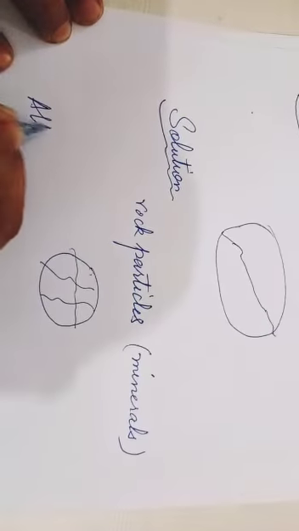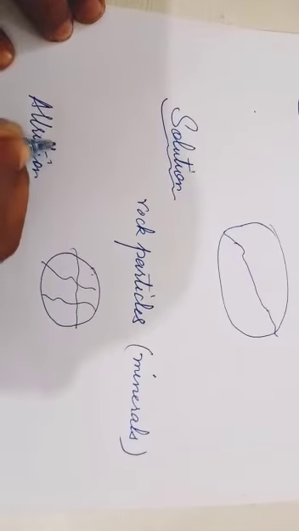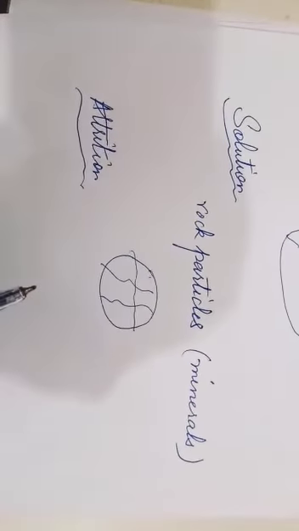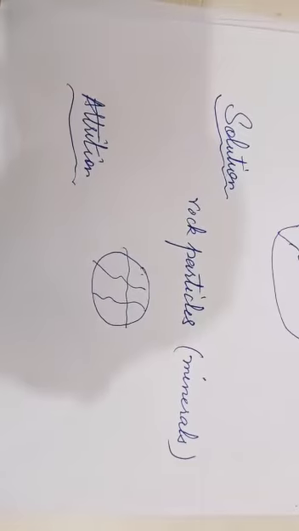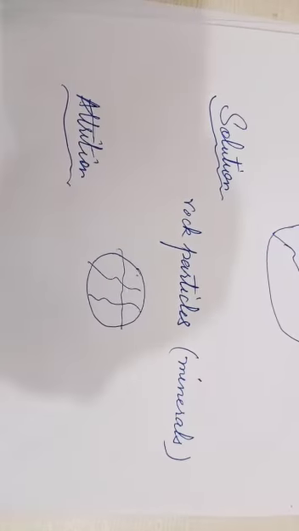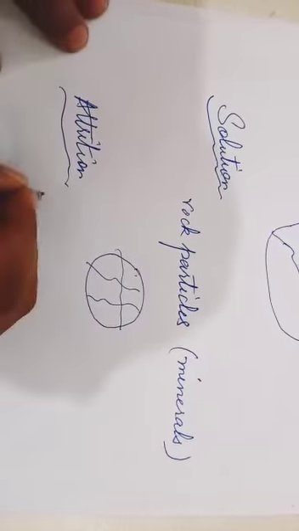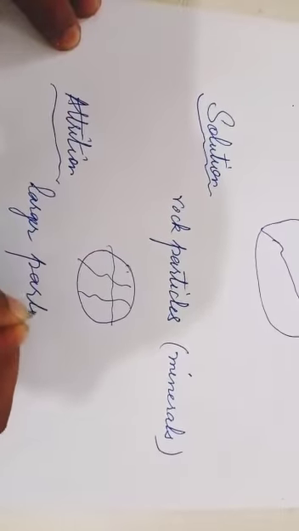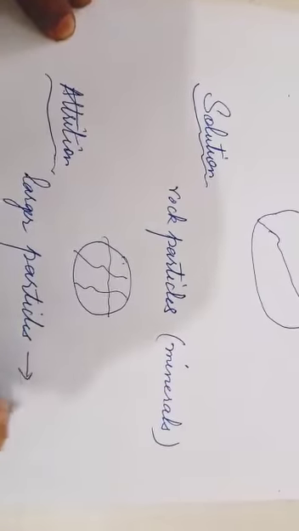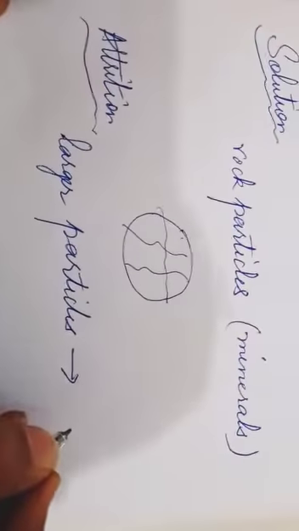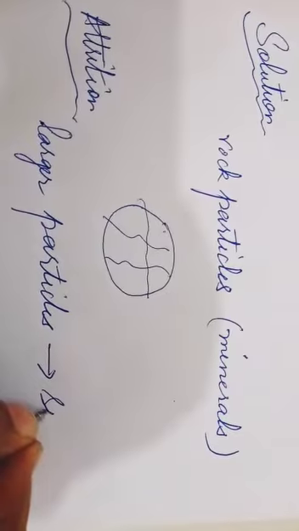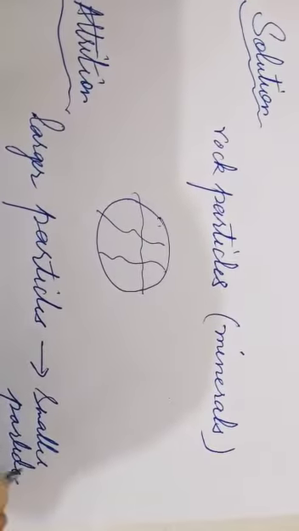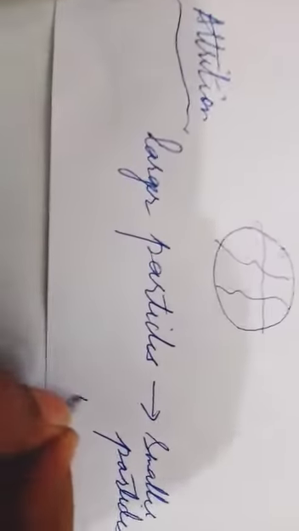The fourth one is attrition. Attrition is the process in which the rock particles collide with each other, and whenever they collide, the larger particles get broken down into smaller particles, which are pebbles or sand.